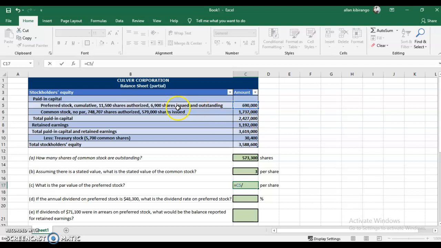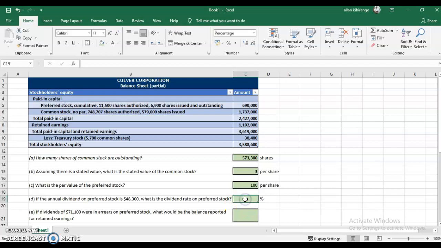Now when you go back to our table here, the number of shares issued are 6,900, and that's what we consider here. So just type it in, 6,900, and we get $100 per share.